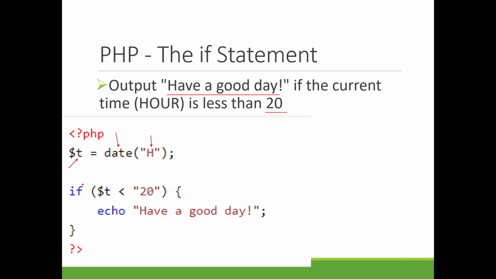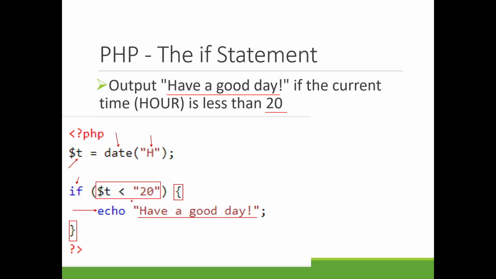Now the if statement goes like this: if, then some condition inside the brackets. The condition here is 14 is less than 20. Then we want to do something, which is defined by the opening curly bracket and the closing curly bracket. Here we want to echo have a good day.